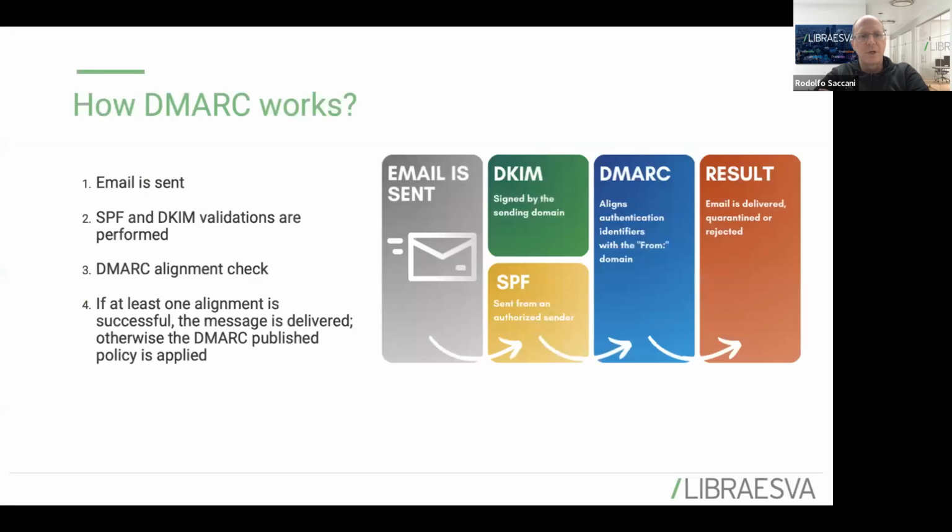How does it work? So when an email is delivered, the recipient of the email, the recipient service, performs SPF and DKIM validation. So as I said before, SPF makes sure that the envelope from is reliable, while DKIM is a protocol that digitally signs the content of the emails, including the headers.